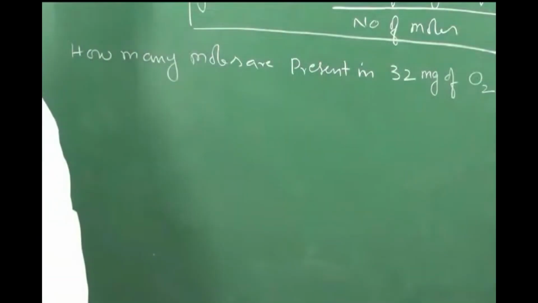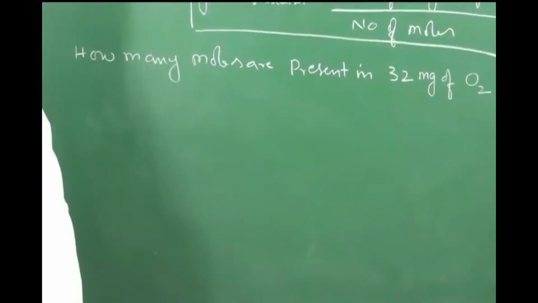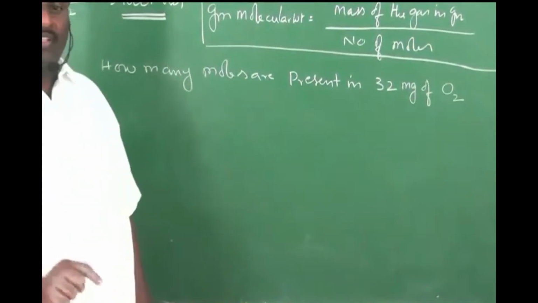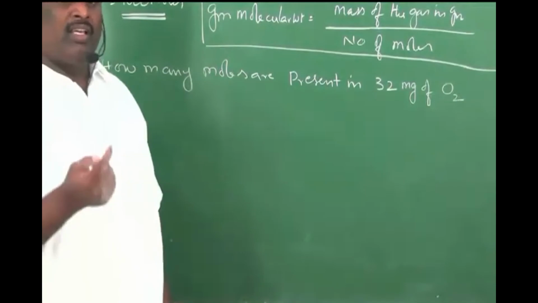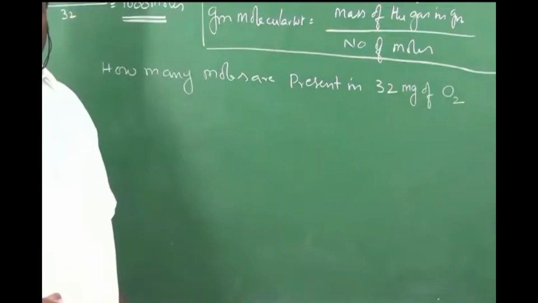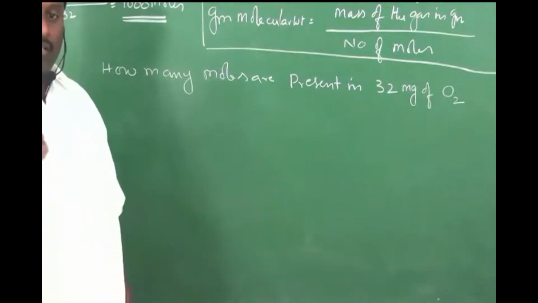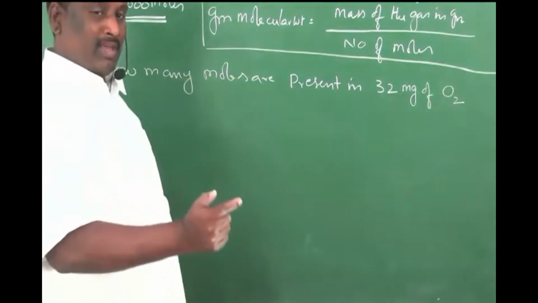In the previous problem, they asked to find out the number of moles that were present in 32 kilograms. Now they are asking the number of moles that were present in 32 milligrams.